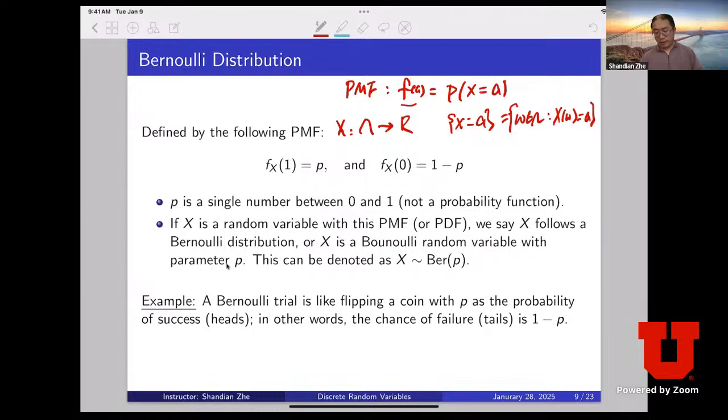Okay, now I just want to do a quick check. What does this event definition mean? I can define another type of event, defined as X less than or equal to a. What does this event really mean?